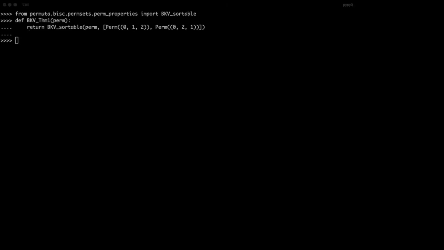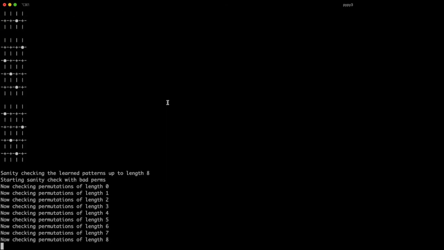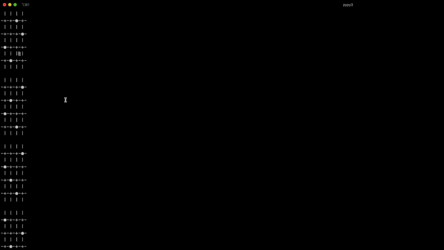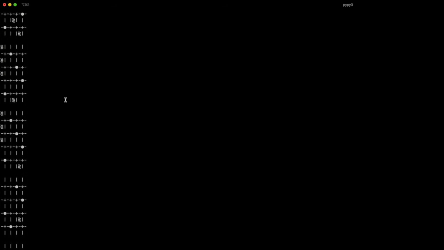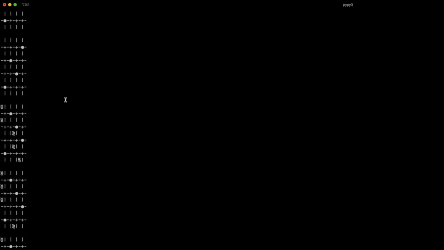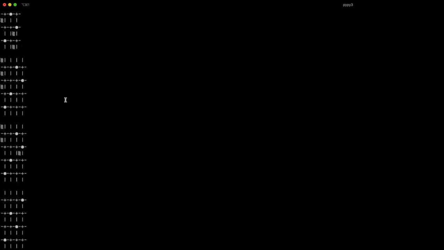I run AutoBisc on that to recreate the statement in the theorem. Here we see a pretty big basis of mesh patterns that it guessed at first.